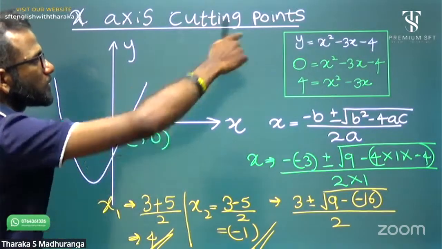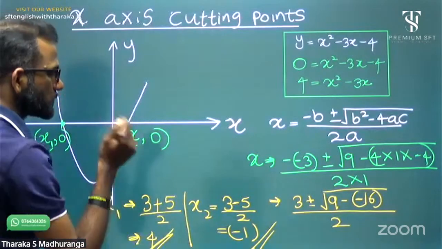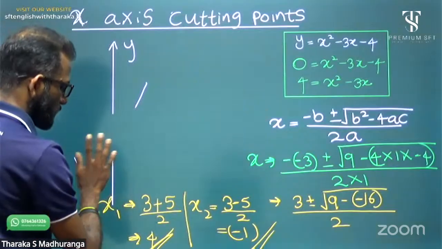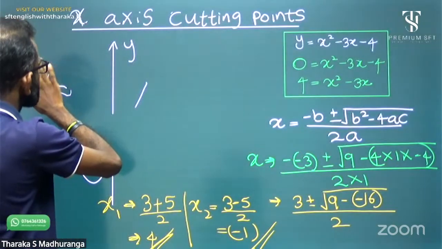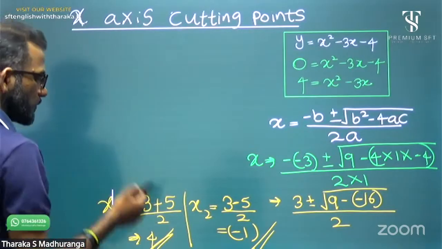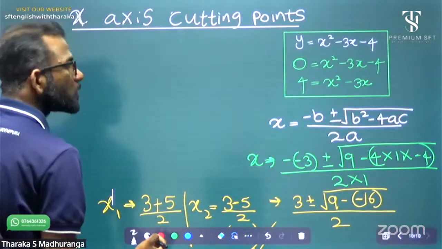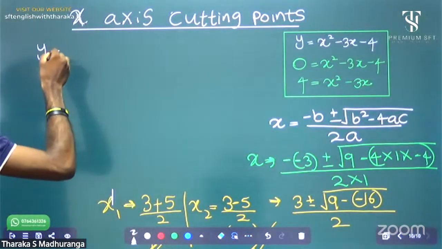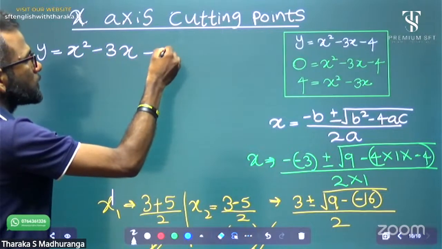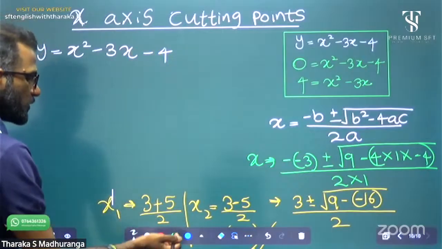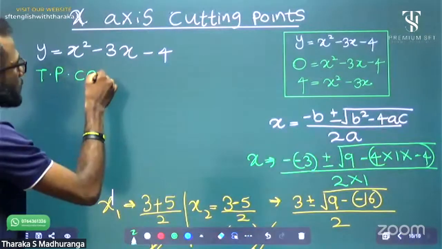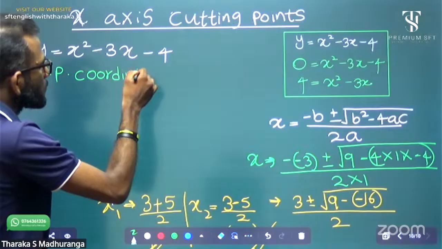Okay, write down the first example. Y equals x squared minus 3x minus 4. Its turning point coordinates. Now you already know the turning point coordinates.